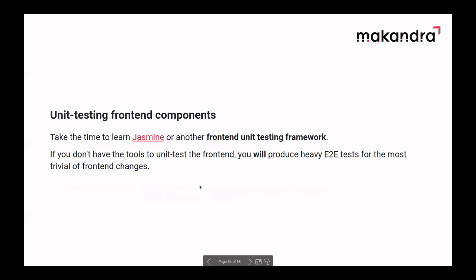And I also recommend that you take the time to learn some kind of way to test your front-end code. For instance, we like to use Jasmine, but there are a million JavaScript-based test runners, because if you don't have the tools to unit test the front end, you have no other choice than to make a heavy end-to-end test for the most trivial front-end changes.